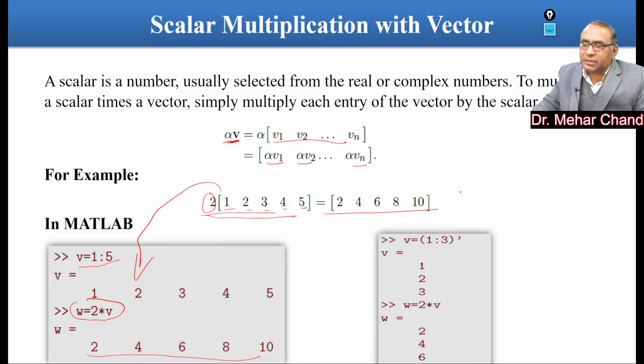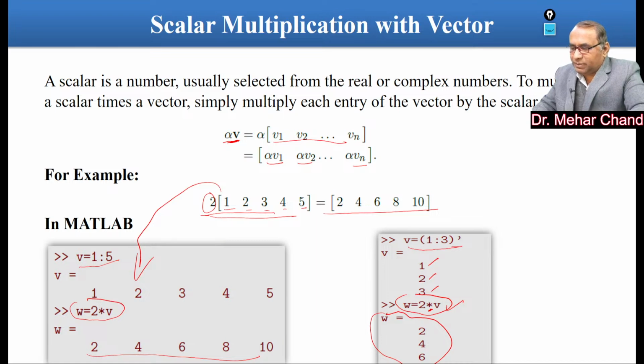Similarly, if you have a column vector, you can do v is equal to, this one is the column vector, and the elements are 1, 2, 3, and w is equal to 2v. This sign is the product sign. When you execute this statement in the MATLAB prompt, you will get these values. I am presenting here only one example.